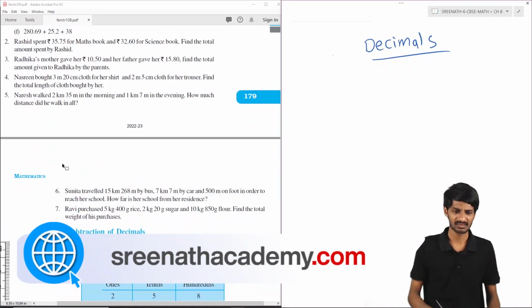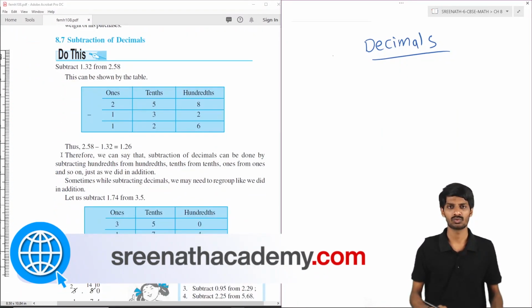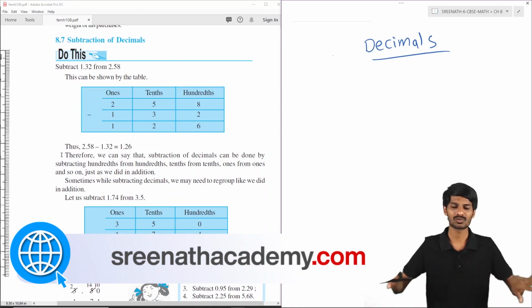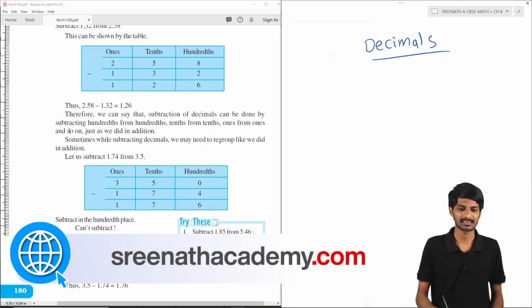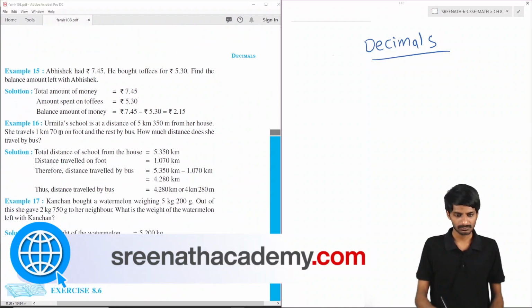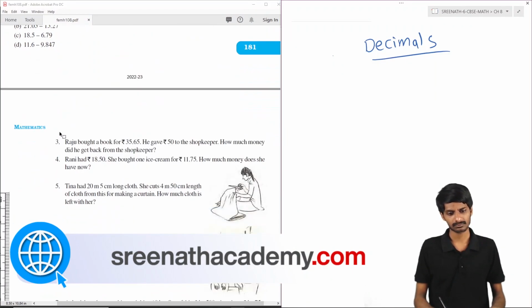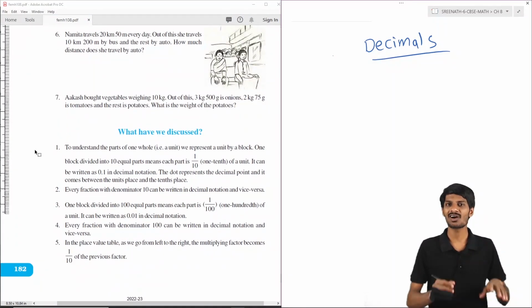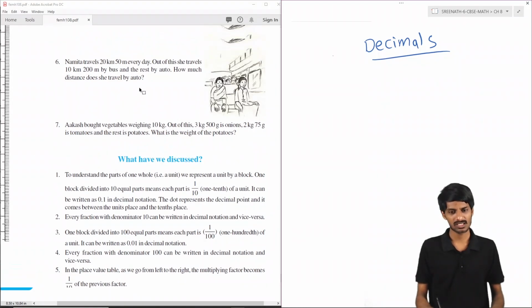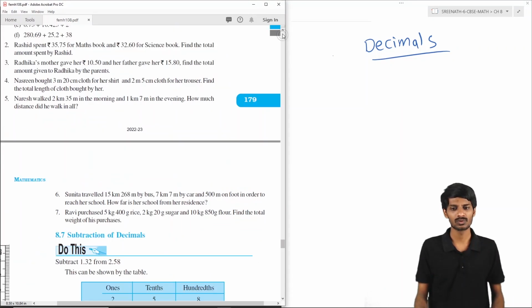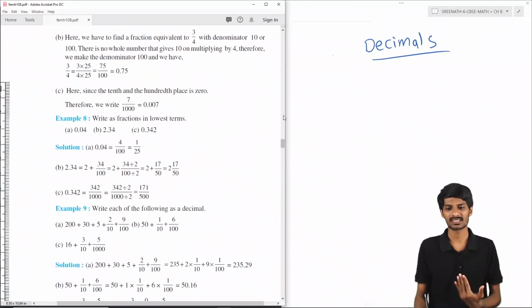Example problems. And next thing, subtraction. We have discussed how to add, next we have to discuss how to subtract. That is the whole chapter, students, which we are going to discuss completely.